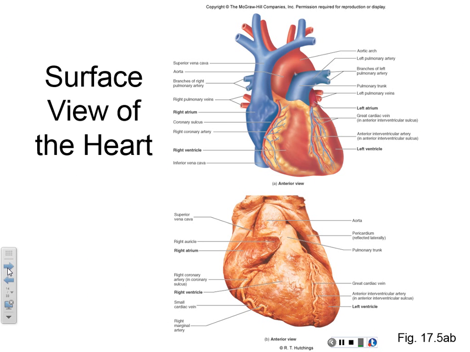So we're looking at the heart here, and this is a real heart. You can see the interventricular groove, and the coronary sulcus going across like that. Then you get the pulmonary trunk over here, and the aorta over there, and then the superior and inferior vena cava.